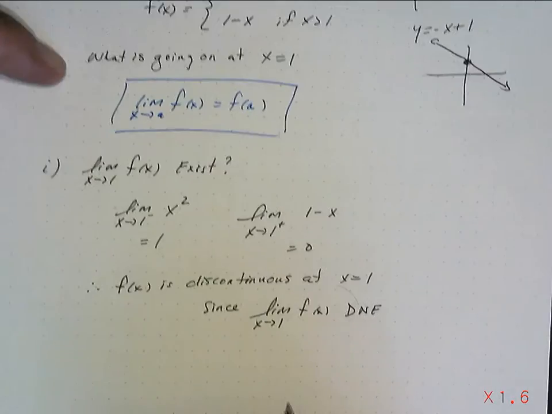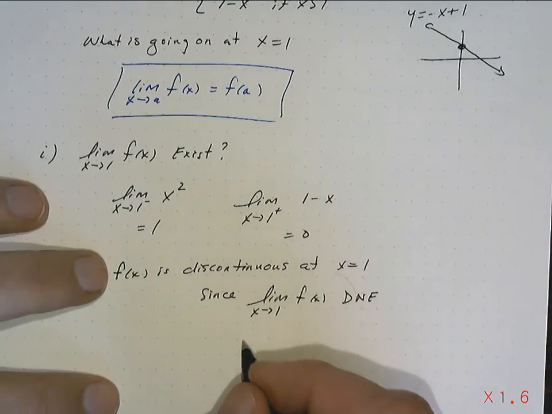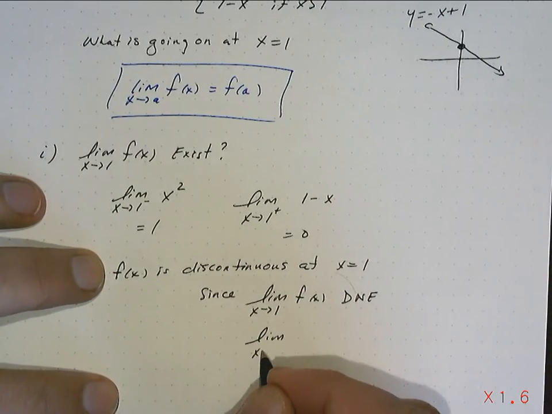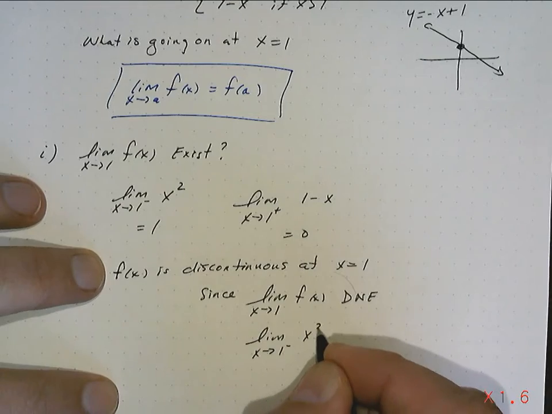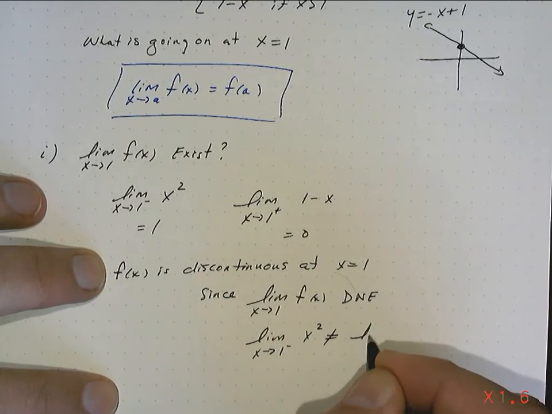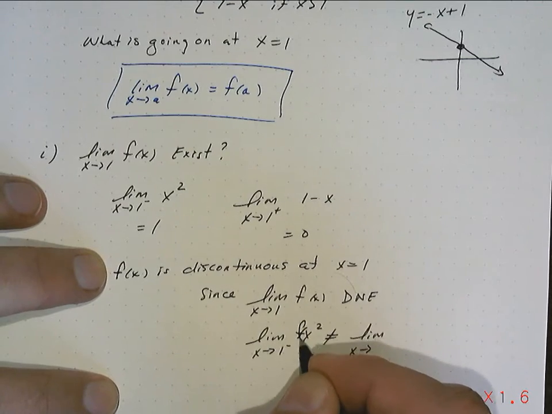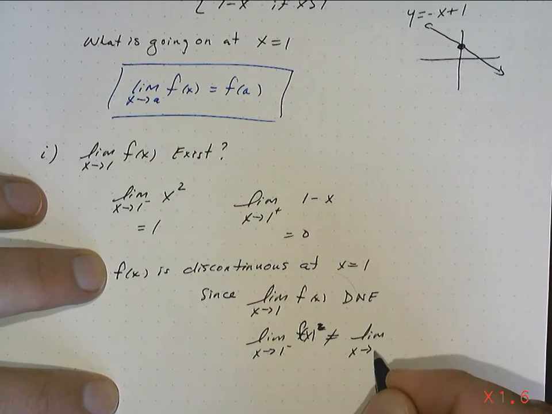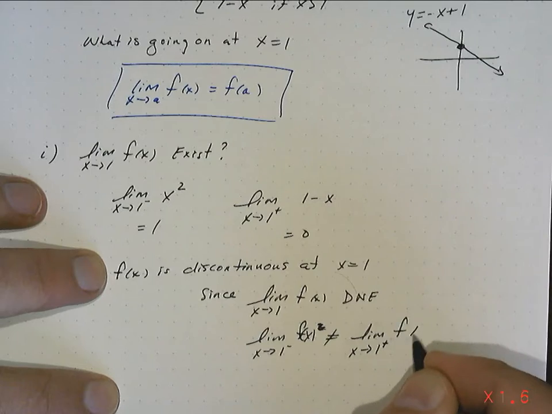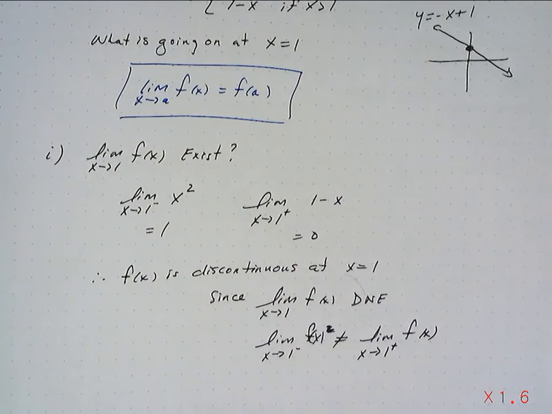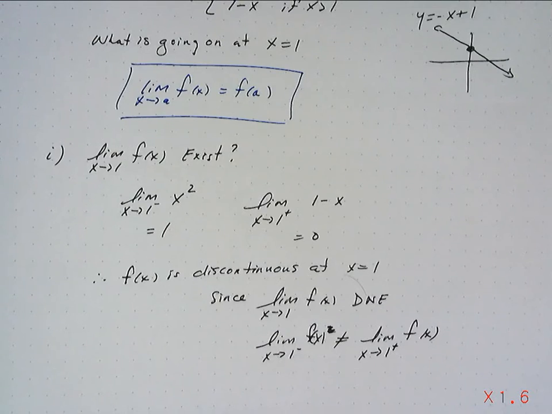And if you wanted to explain that even better, you could say the limit as x approaches 1 from the left of x squared is not equaling the limit as x approaches 1 from the right of f of x. Period. End of conversation. And you're done. You don't have to go any farther. That's absolutely correct.